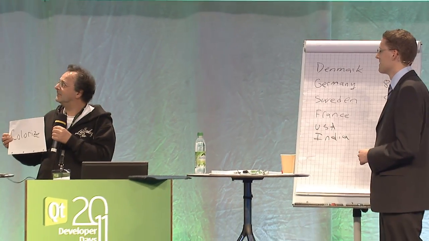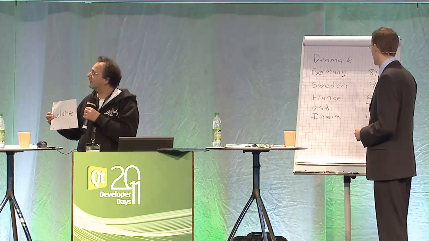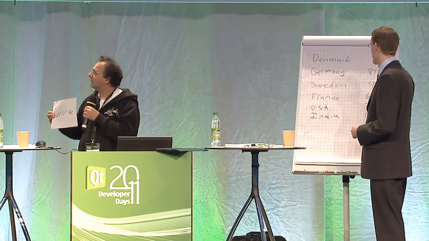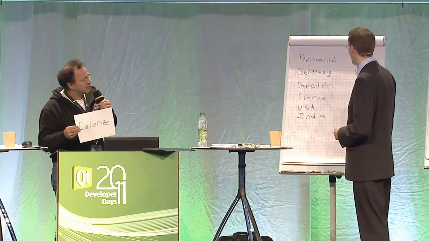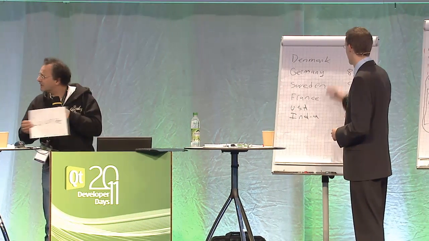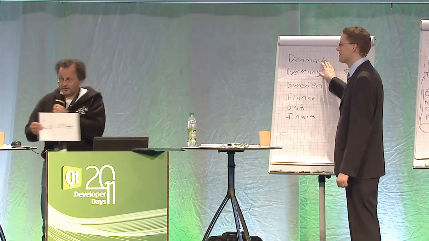OK, can I get the color for the row 0, column 0, this model index. Can I get the color for row 0, column 0? The color is black.